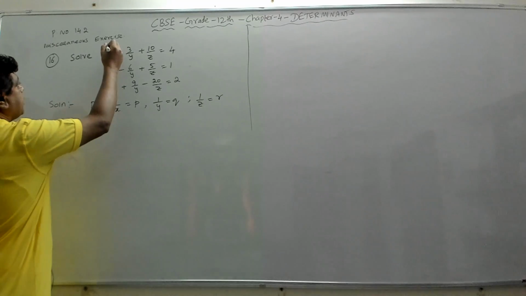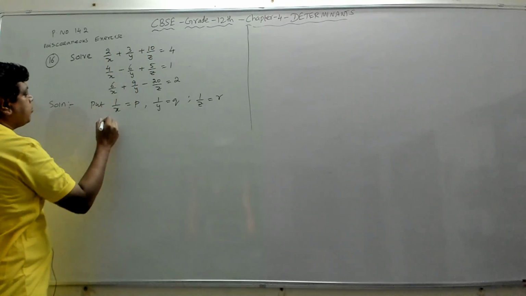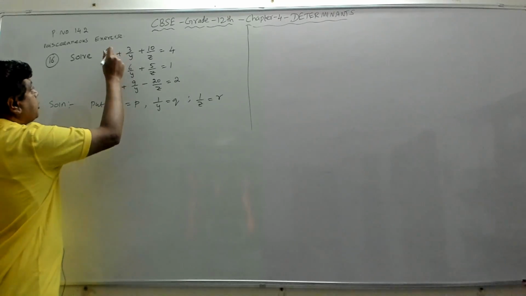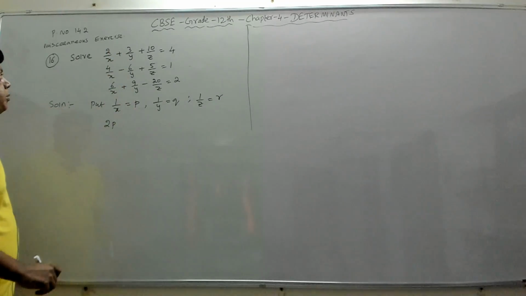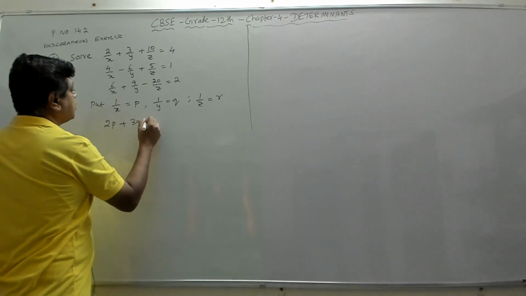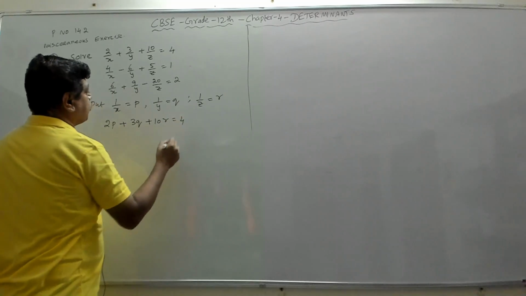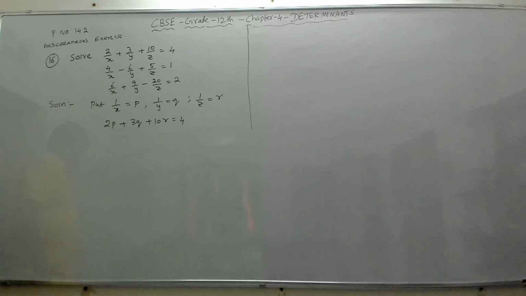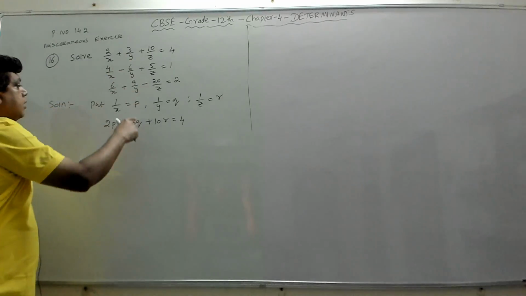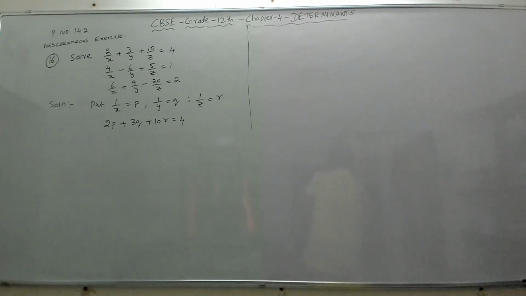Now this set of equations gets transformed. The first becomes 2p plus 3q plus 10r equal to 4, because 1 by x is p, 1 by y is q and 1 by z is r.